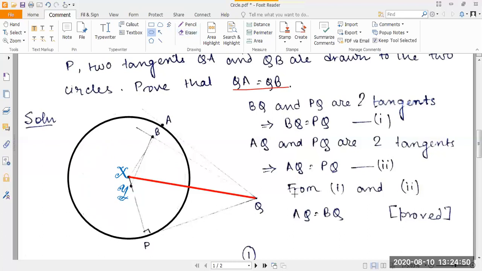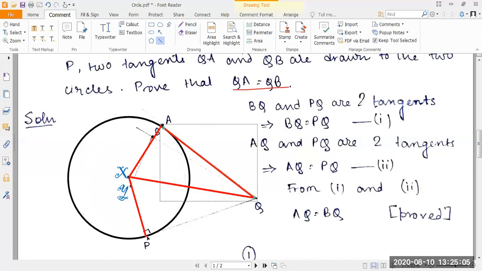So if that is the case, we make a small construction. Let's join XP and XA, and let's join AQ and PQ.